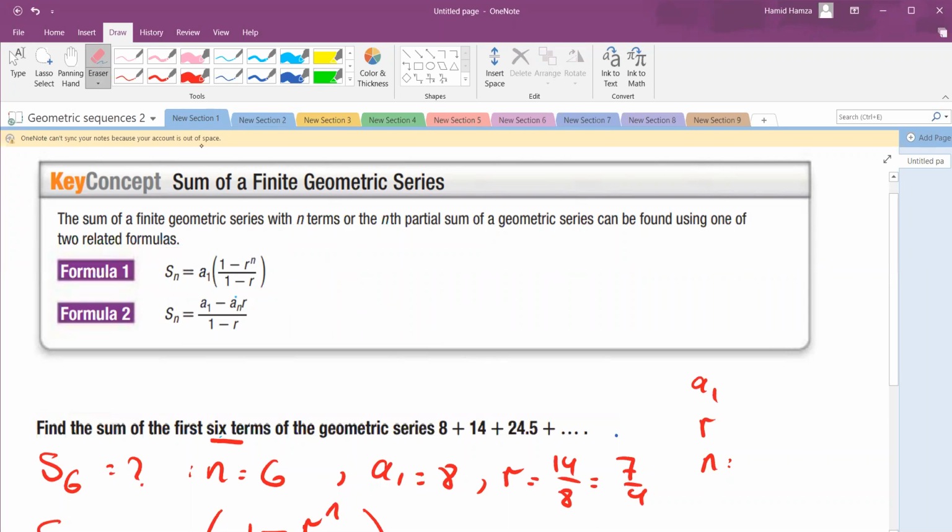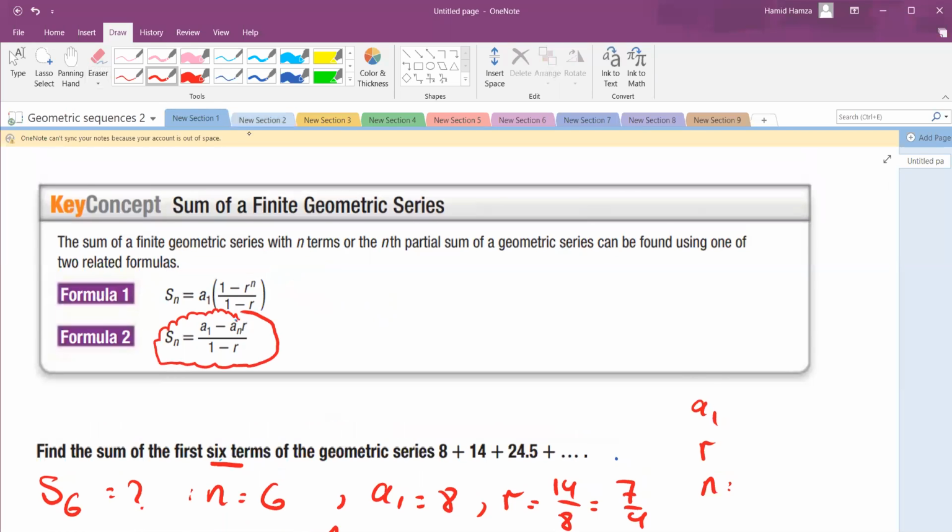As I told you, if the last term is given, we will use the second formula, (a1 − an·r)/(1 − r).